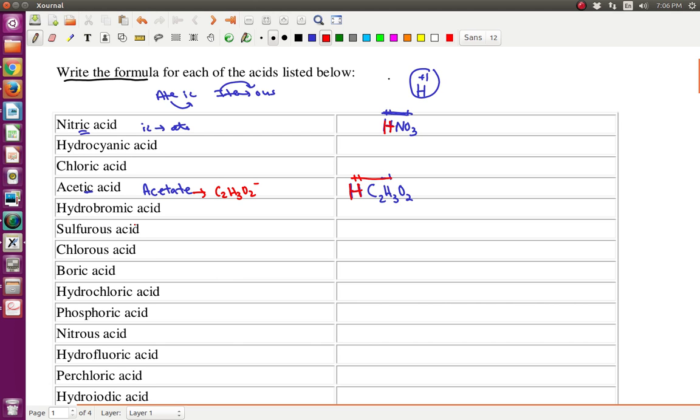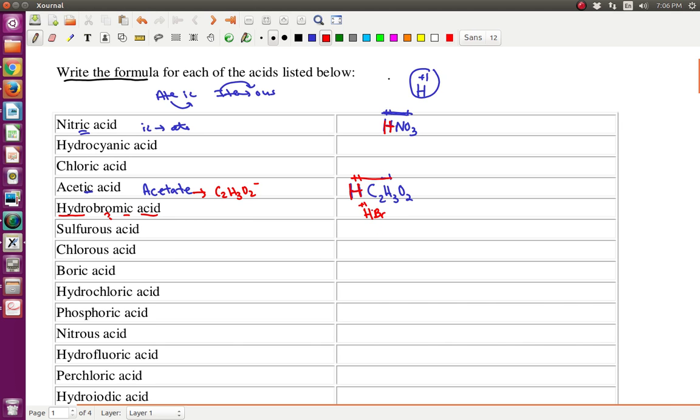All right, hydrobromic acid. Now this is hydro-something-ic acid. It's not just bromic acid; it's hydro-something-ic acid, and that's a binary acid. So this is just hydrogen for the hydro, and then bromic is bromine. So HBr.